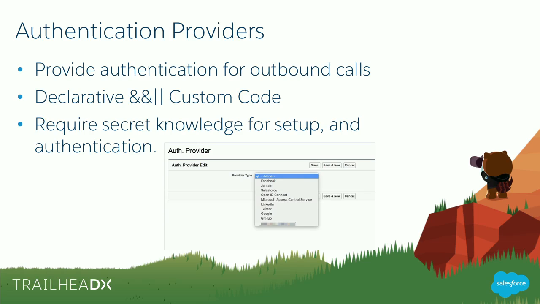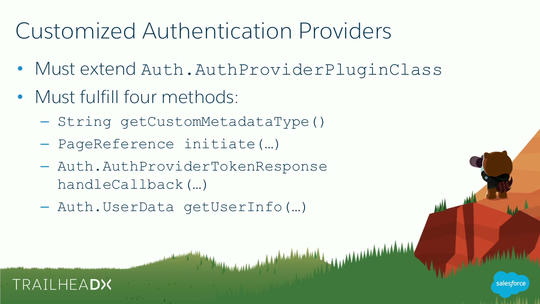And if you're going to set one of these up, it does require that secret knowledge, whether it's the consumer key and consumer secret for a Salesforce org, or whatever access tokens you're given from where you're authenticating to. So you do need to know that to set those up.